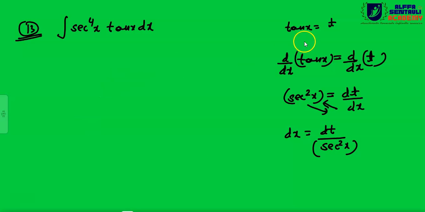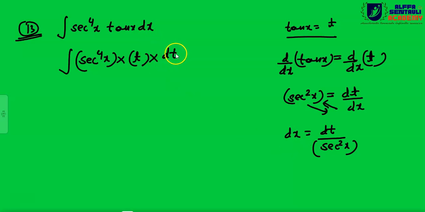Now we have assumed tan x was equal to t, so sec power 4x will be written as it is. We have assumed tan x as t, so t will come over here, and now we have to replace this dx by dt. So dx will be dt upon sec square x.